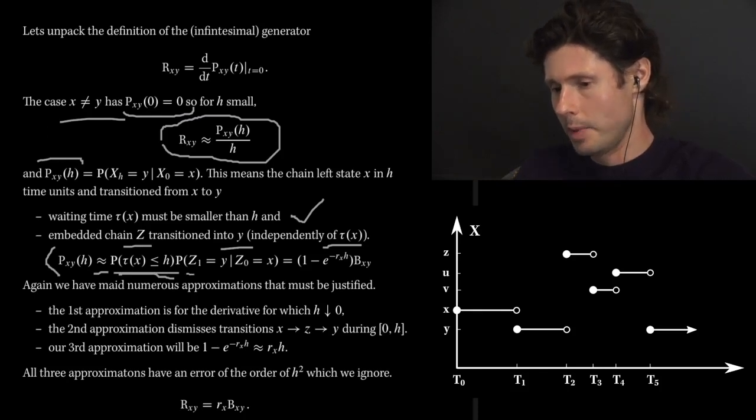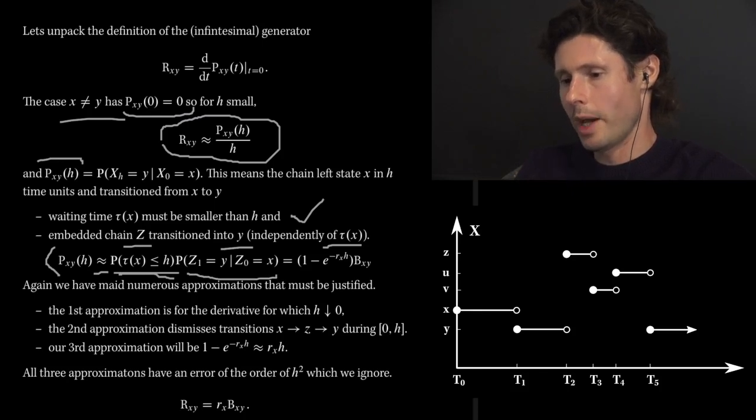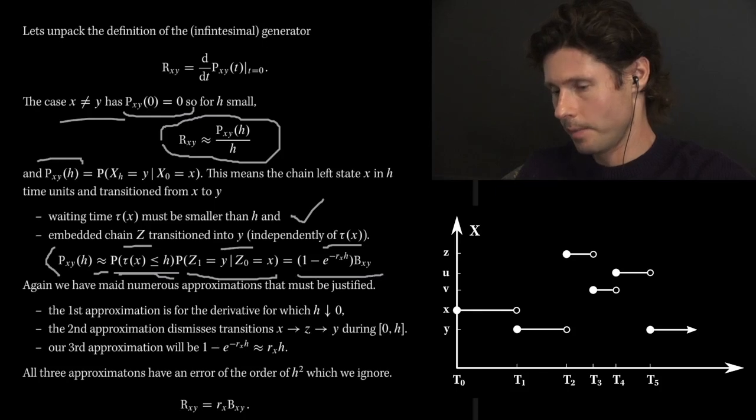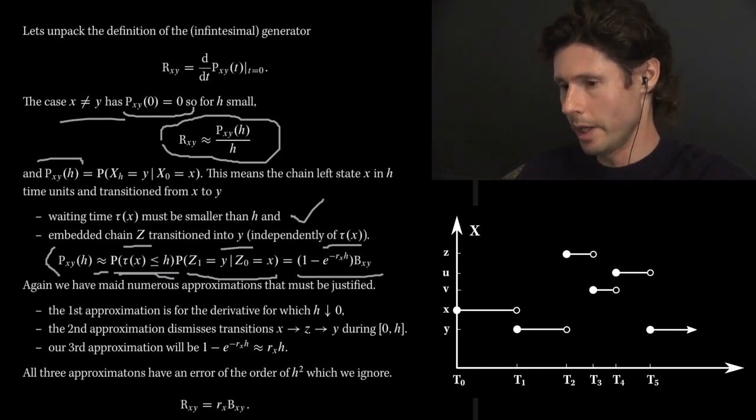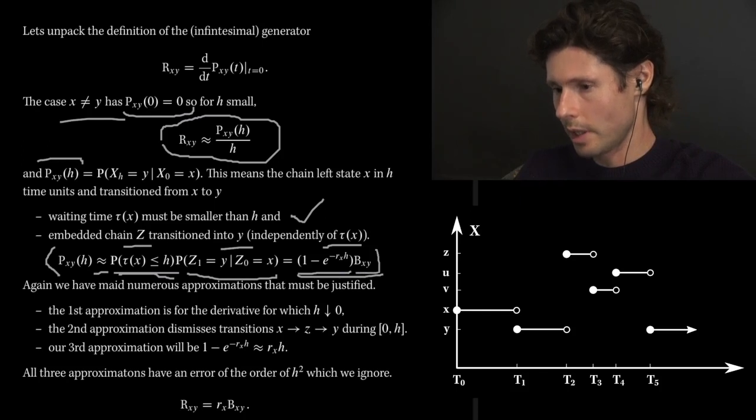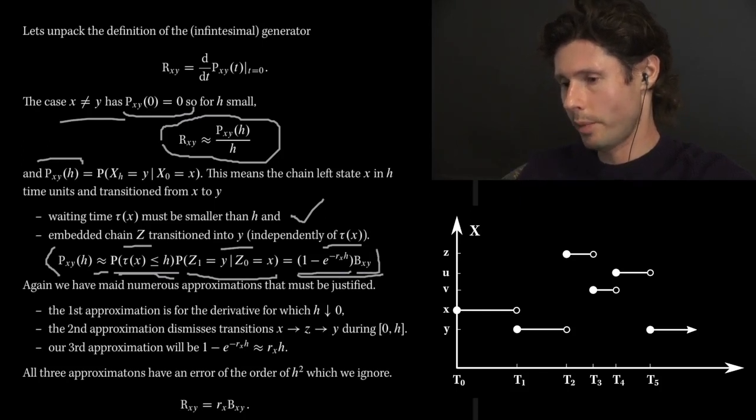The second probability is that the embedded chain went from x into y. If you write out what that is, the first term is just the CDF of the exponential with rate Rx. So this first term, 1 minus e to the minus Rxh, corresponds to the probability that tau x is less than h. And the second term is the embedded chain probability, the one-step transition from x to y.